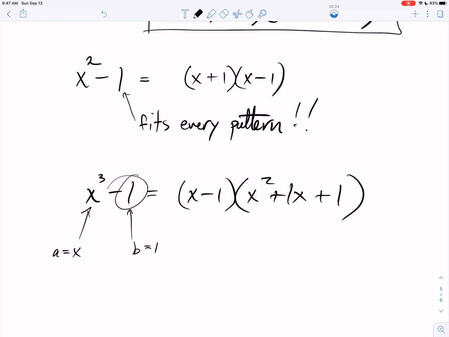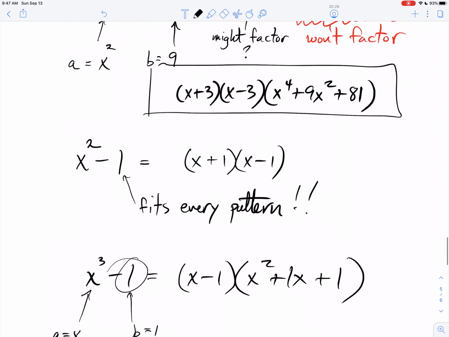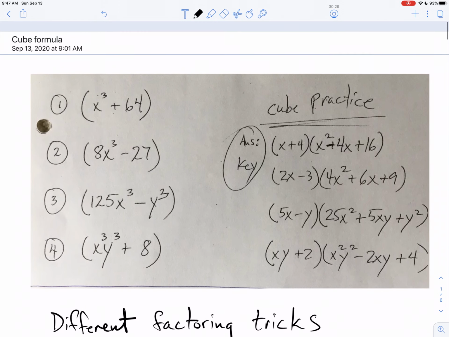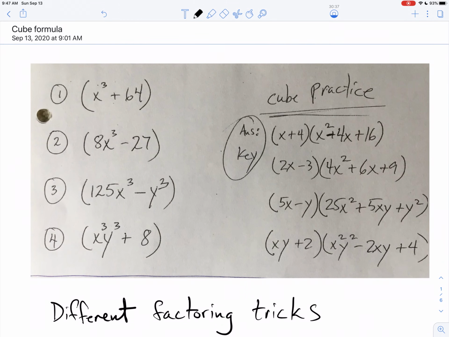Here's how this is going to work. There's only 4 practice problems here. So when you see this, these 4 practice problems that I'm about to show you, here they are. 1, 2, 3, 4. Here's the answer key right next to it. So if you want, jot down these 4 questions and then come back or take a picture of it with your phone or whatever and verify that you're getting the correct answers there, okay?